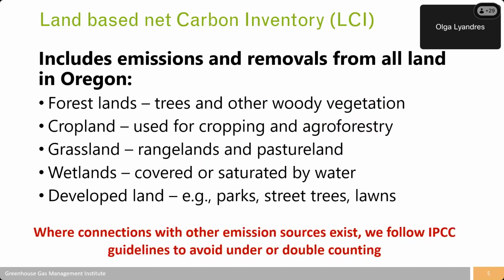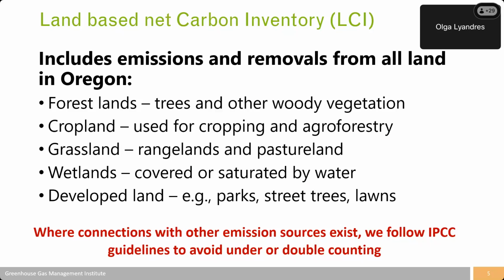So to circle back to the questions that we just discussed, I wanted to remind everybody what the land-based net carbon inventory is meant to include. And that is emissions and removals from all of the land in Oregon. Land is separated into categories.